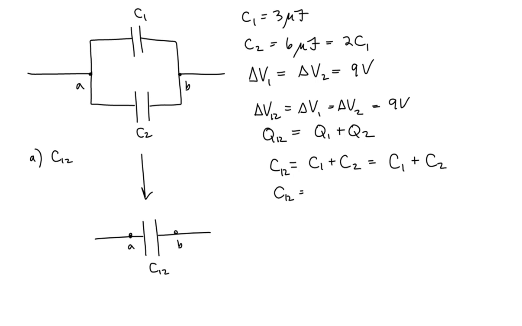So that means that our equivalent capacitance is equal to C1 plus 2C1, or 3 times the capacitance of capacitor C1, which means the equivalent capacitance is 3 times 3 microfarads, or a value of 9 microfarads for the equivalent capacitance.